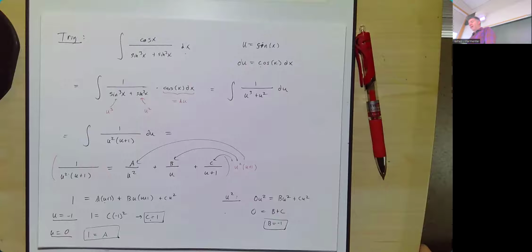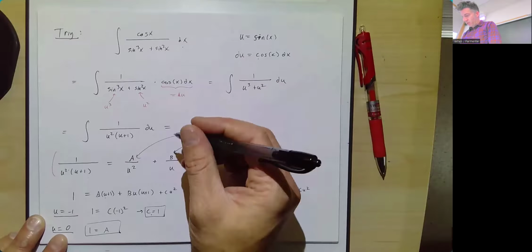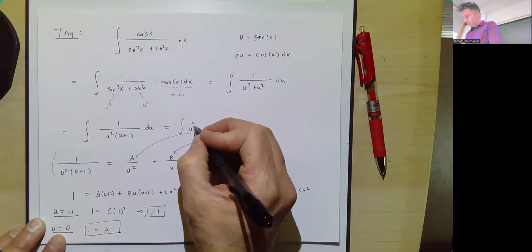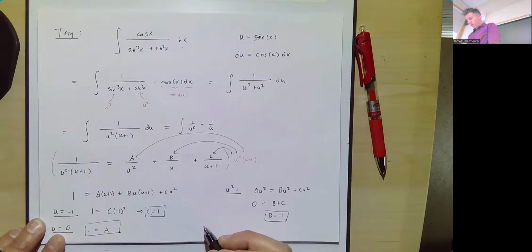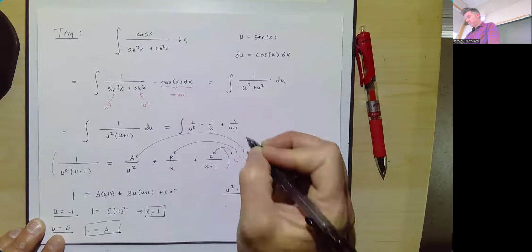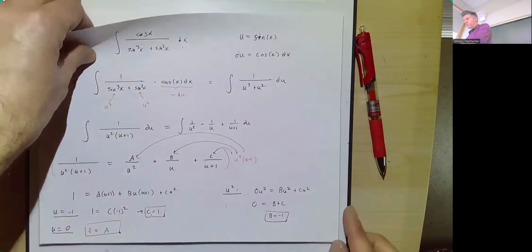Then that allows us to rewrite our integral as the integral of 1 over u squared plus -1 over u plus 1 over u plus 1. And I've run out of room, so we'll go to the next page.